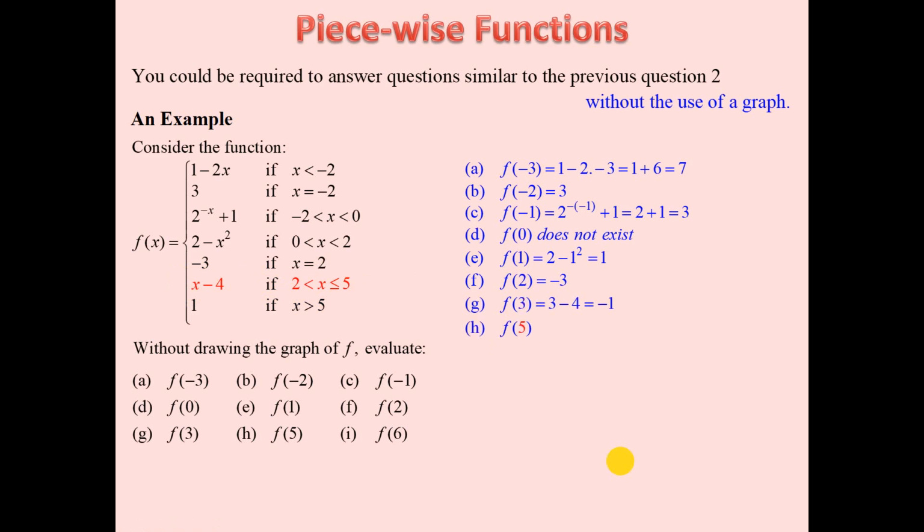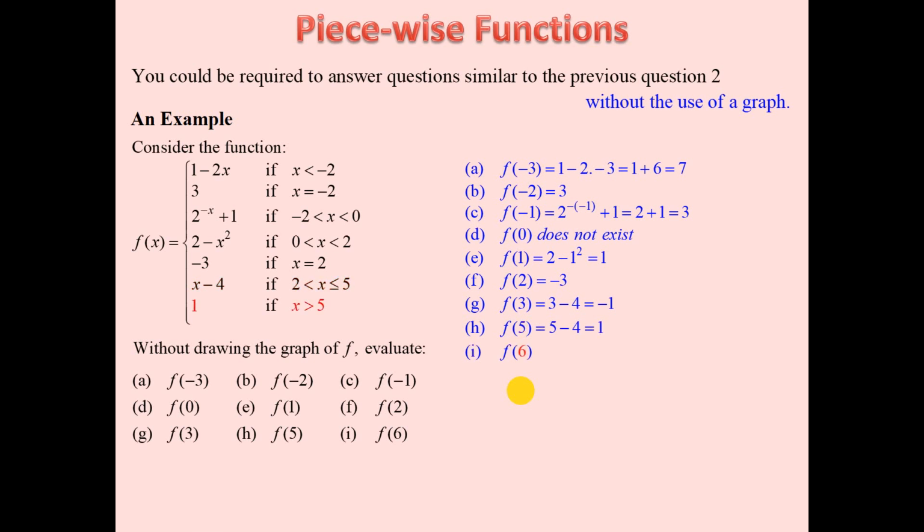Finally, f of 5. Well, f of 5 actually doesn't belong to this one. It belongs to that one. Oh, it's not finally. It's second to last one. Sorry. F of 5 belongs there because this is less than or equal to 5. So then I'm also going to substitute once again into x minus 4. 5 minus 4 giving us 1.